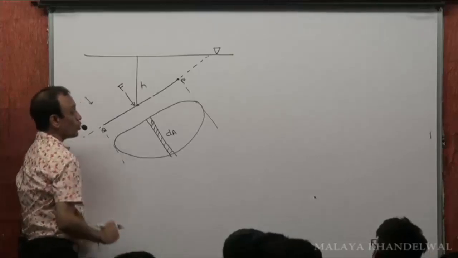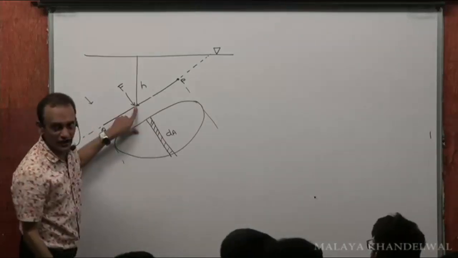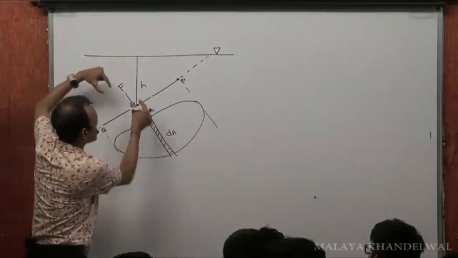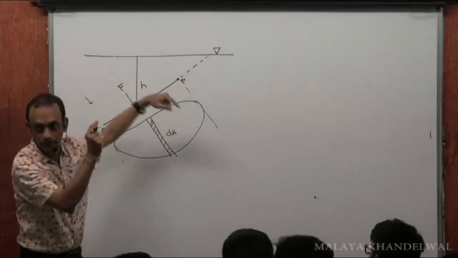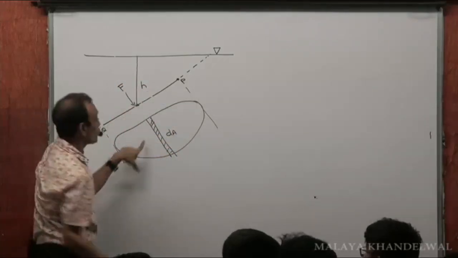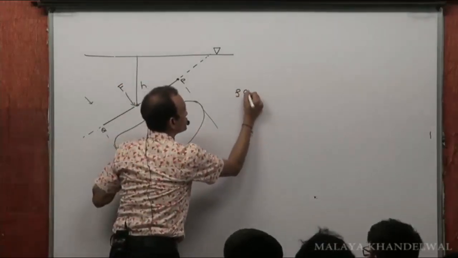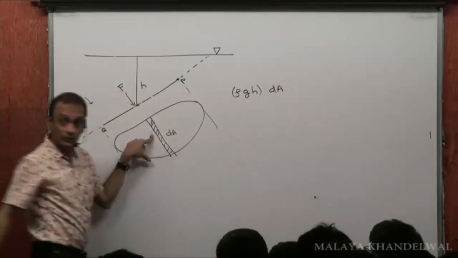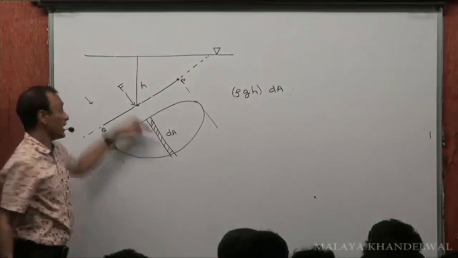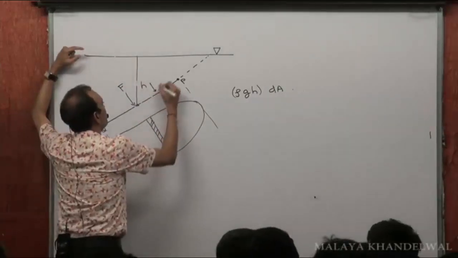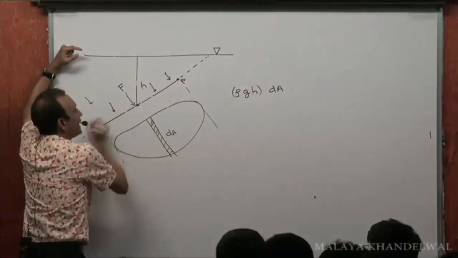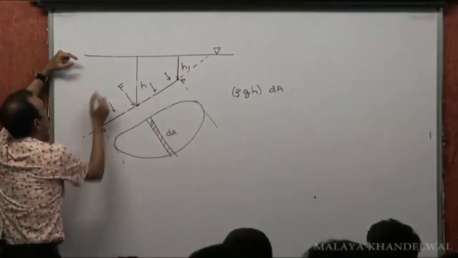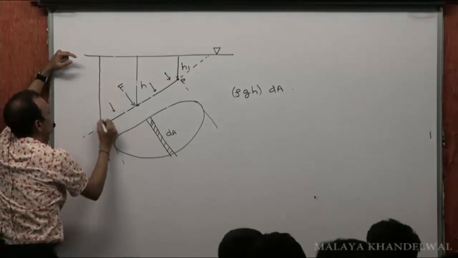So now, what's the pressure at every dA? Rho G H, because all these dAs are at the same depth. That means this dA is a strip like this coming out of the plane. So what's the force on this? Rho G H into dA, and all forces at every dA are perpendicular. So I can add these forces, where this depth is H1 and this depth is H2.